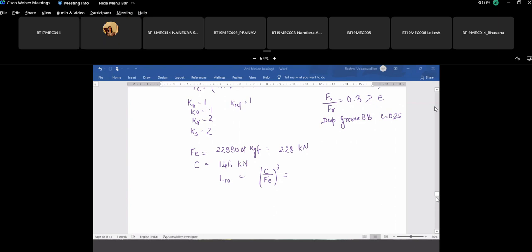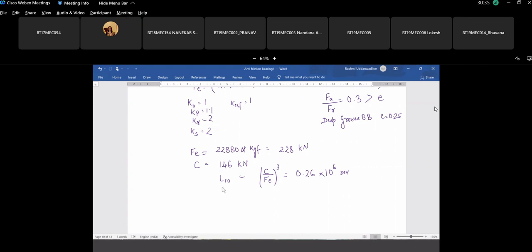Is that 0.259? It is 0.26 into 10 raised to 6 revolutions. As against 43 million revolutions, this is 0.26 million revolutions, and that is because of all these factors.